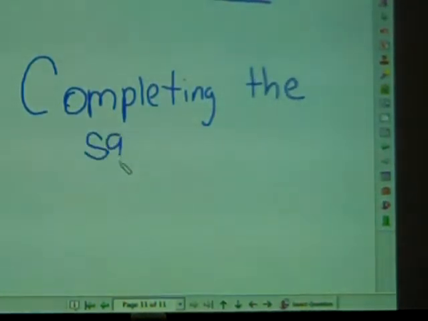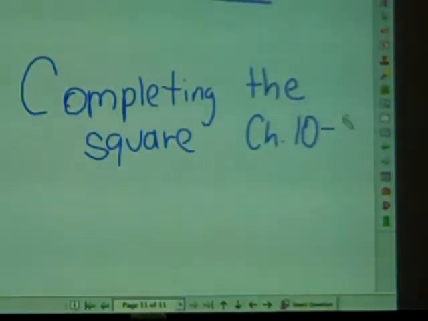Okay, we're going to be learning about completing the square, using the quadratic equation. This is actually on chapter 10, lesson 6.